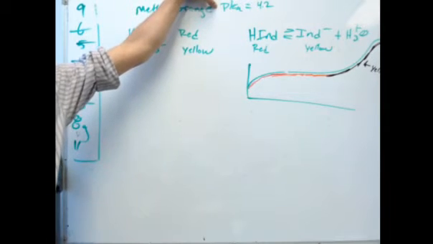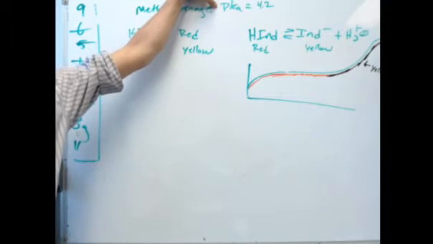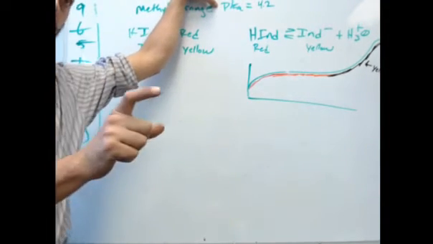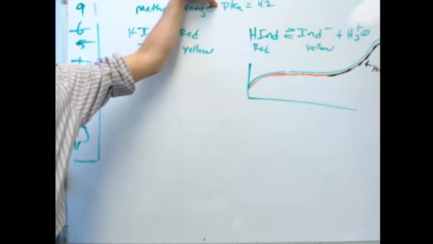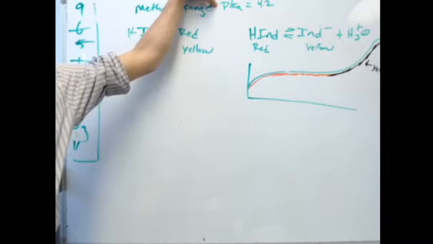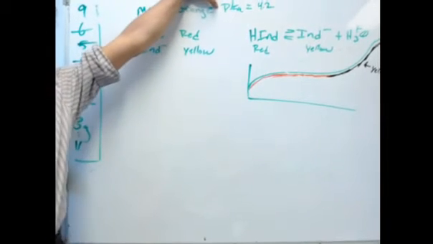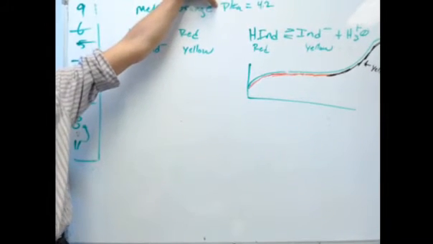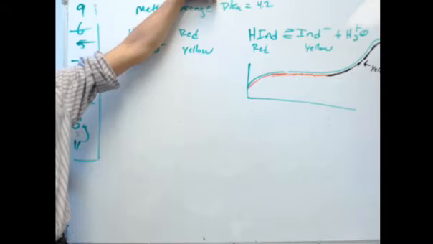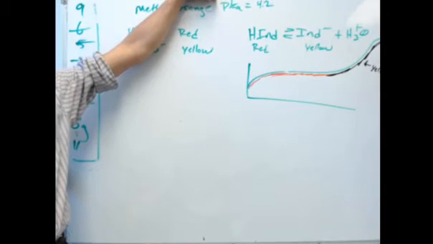The thing that confuses most people about indicators is they think indicators are for buffer regions. No. The indicator's buffer region is where it's useful, but it can be used to detect anything in that useful region. So if we were doing a weak base titration whose equivalence point was like 5.0, this would be useful because that equivalence point is next to a pH of 4.2, plus or minus 1.